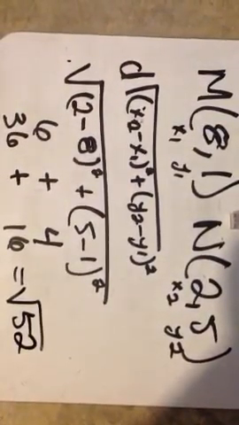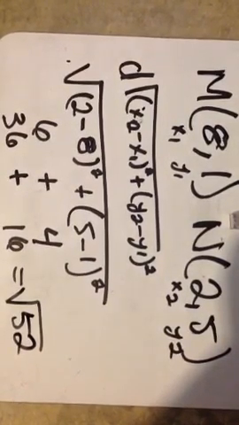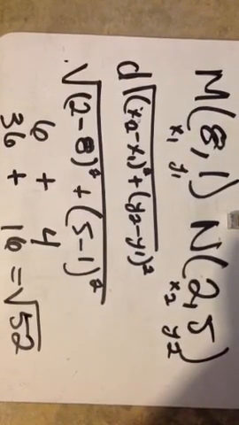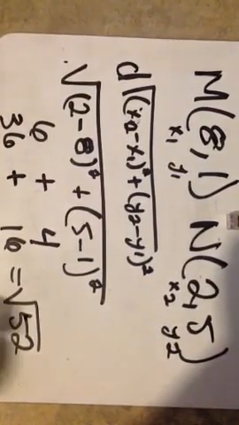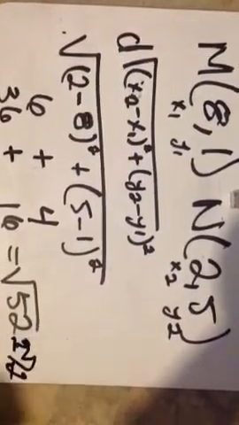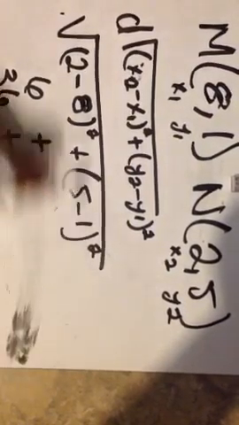So after 52, you would have to root it. So it would be 7.2. So you're not done there because it just asked you for your magnitude and your coordinates.